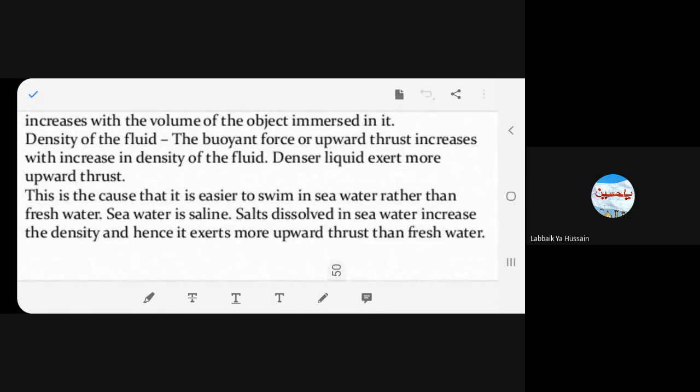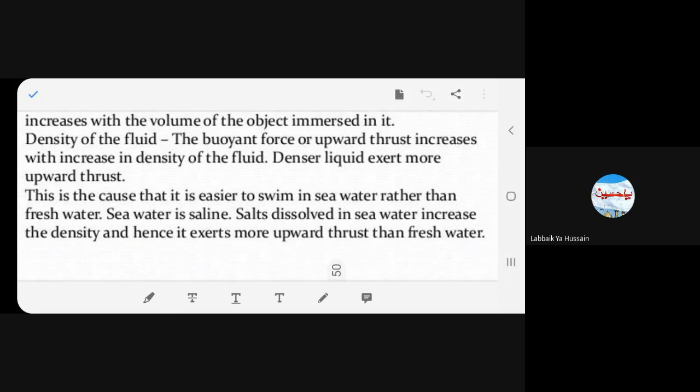This is the reason that it is easier to swim in seawater rather than fresh water. Seawater is saline. Salt dissolved in the seawater increases the density and hence it exerts more upward thrust than fresh water.